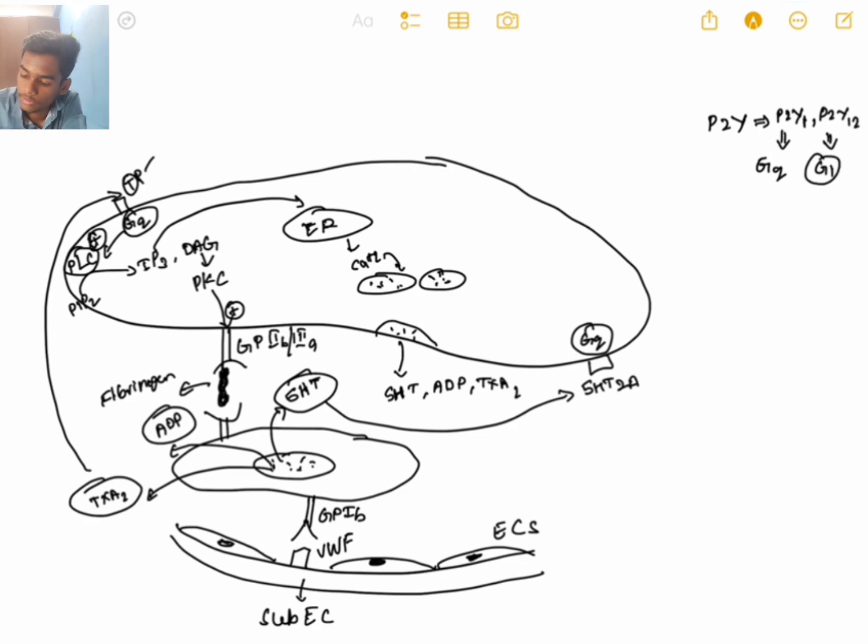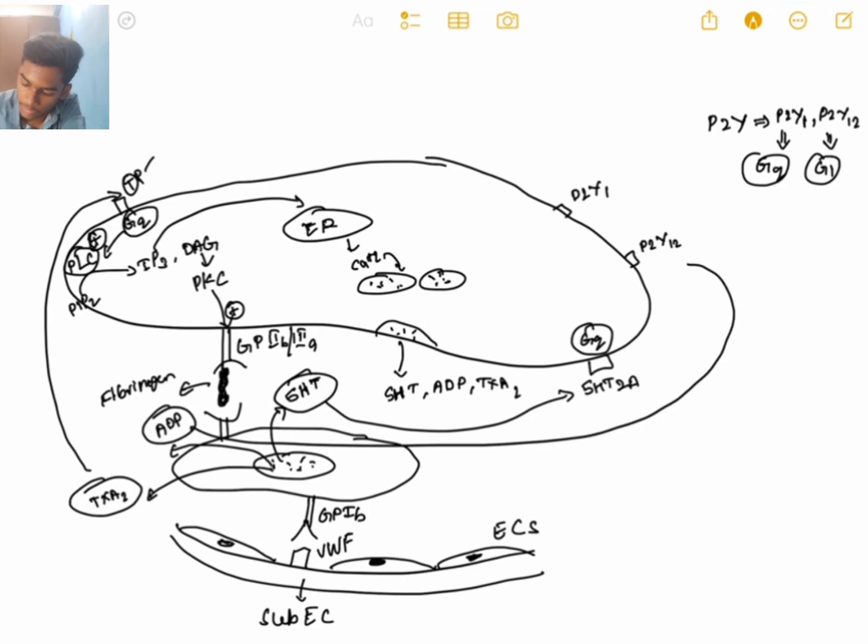Now these two receptors are expressed on platelets. This ADP will act on both the receptors. By acting on the P2Y1 receptor, which is GQ, in a similar way as thromboxane and 5-HT, it will also cause platelet aggregation.